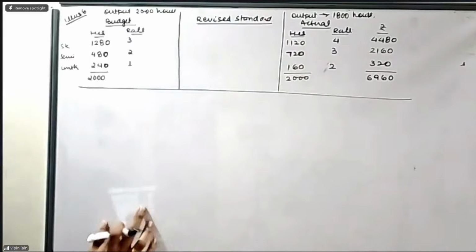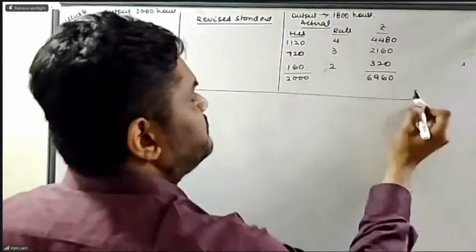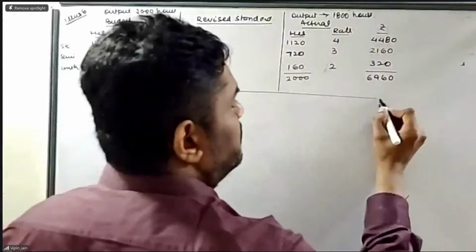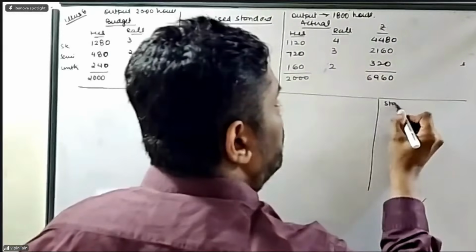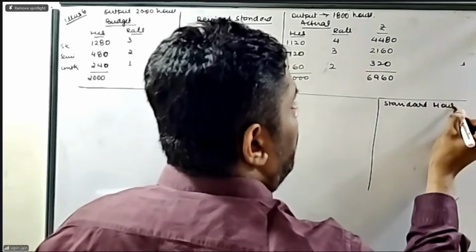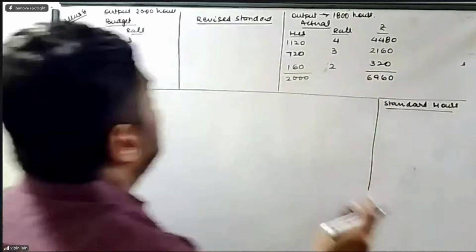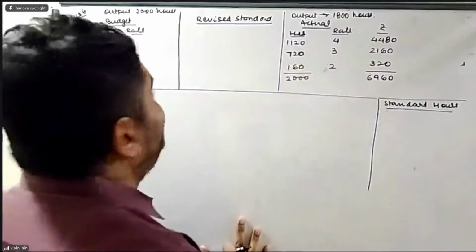Now, very important, herein the budgeted output is 2000 hours, whereas the actual output is 1800 hours.